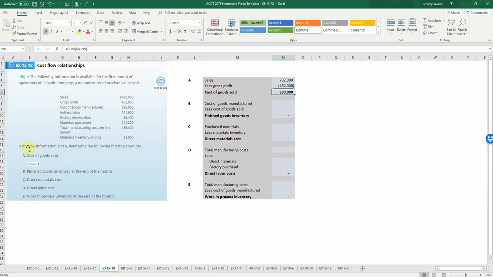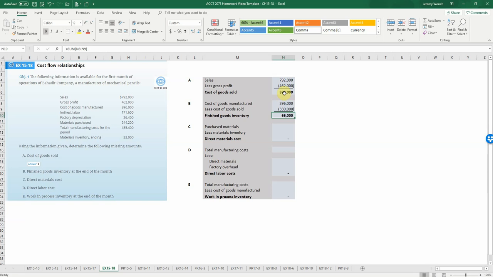So the cost of goods manufactured is $396. Assuming the beginning balance is 0, we calculated what is transferred out, which is cost of goods sold, which means that we're going to end with a finished goods inventory account of $66,000.